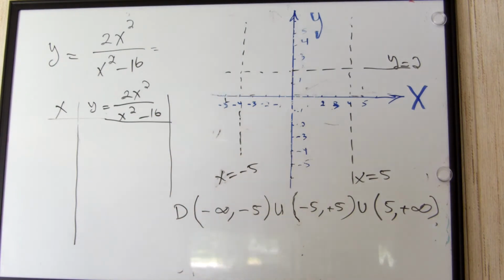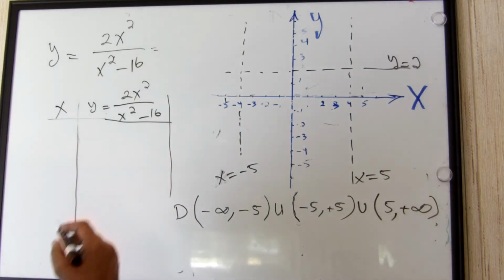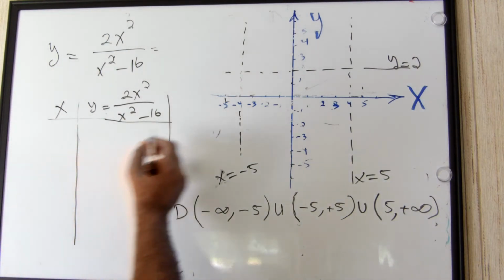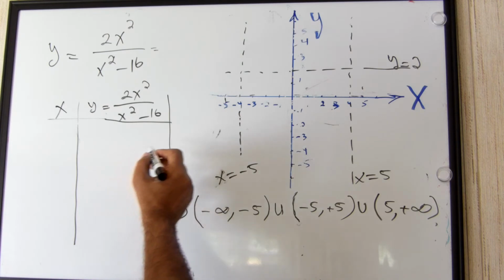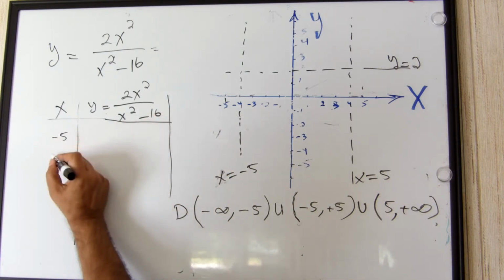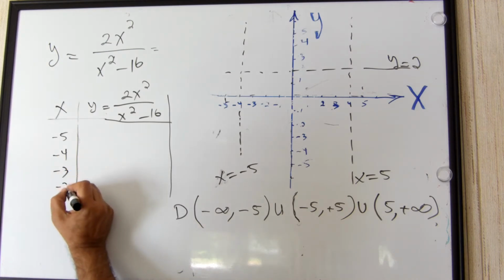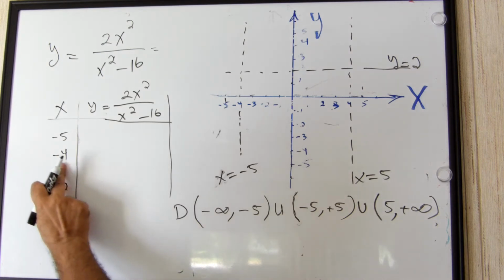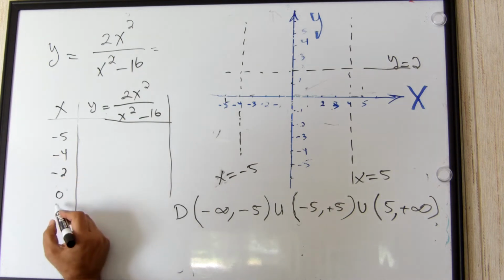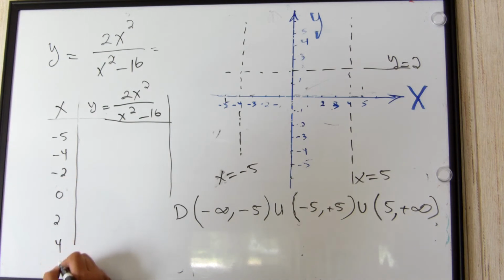It's really hard, so you can start from minus 5, minus 4, minus 3, minus 2, 0, then 2, 4, 5.